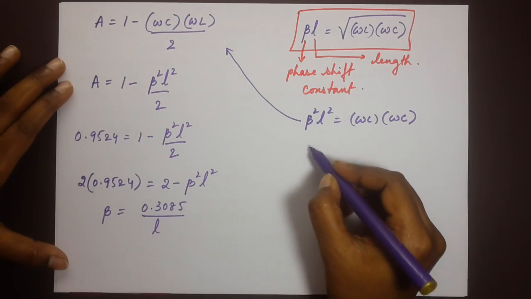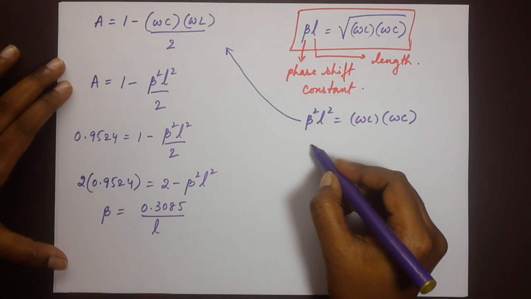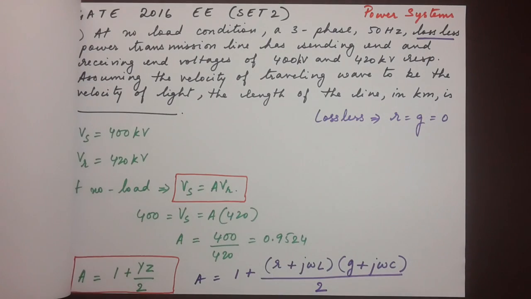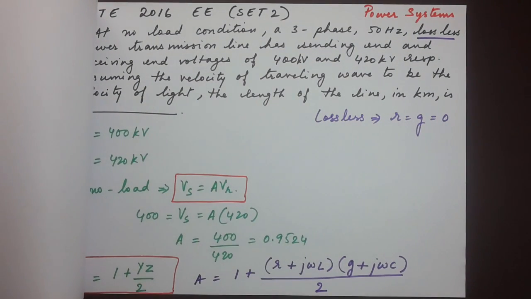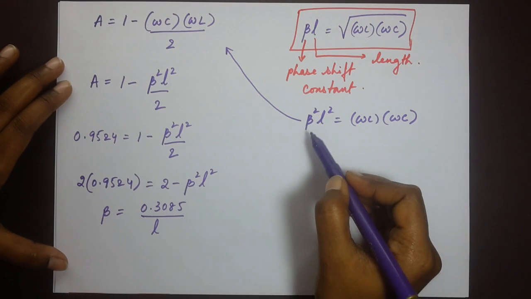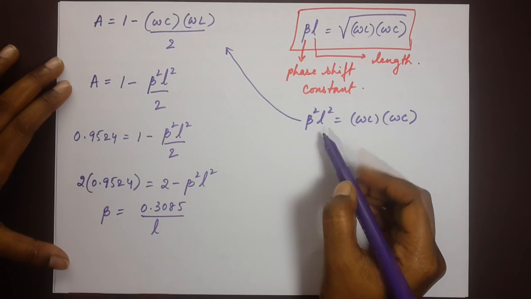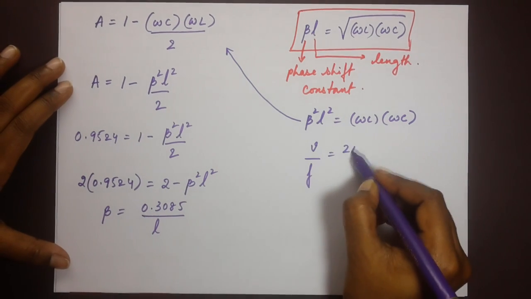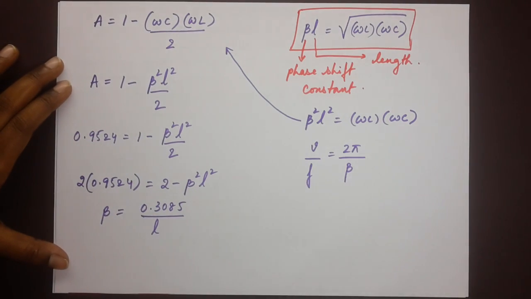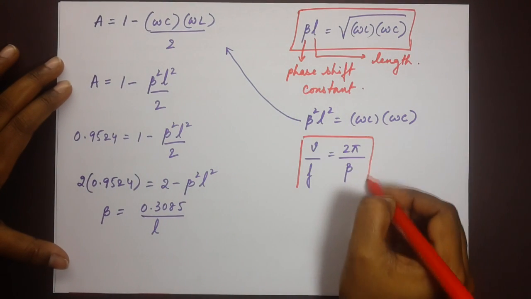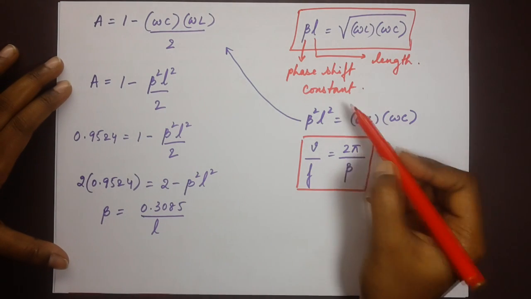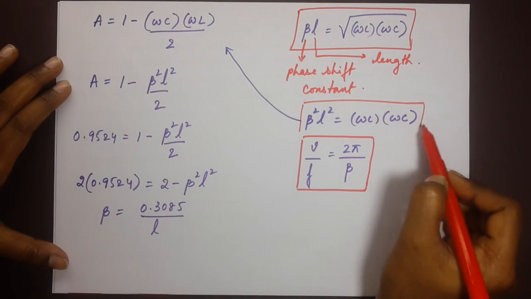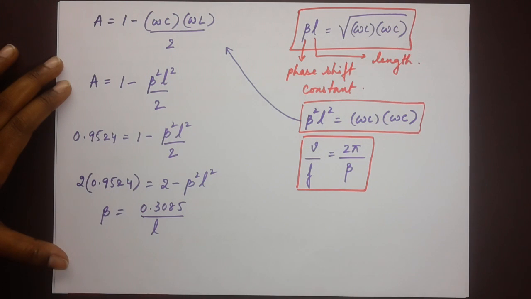In terms of the velocity of the travelling wave, we can write velocity divided by f is equal to 2 pi by beta. All of these are quite interesting relations, in fact. All these relations will do good to remember them.